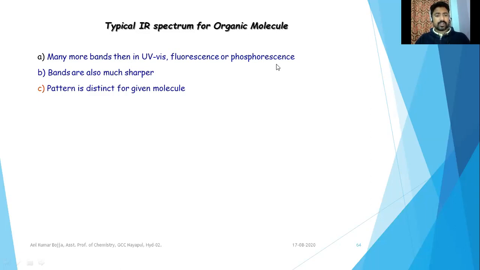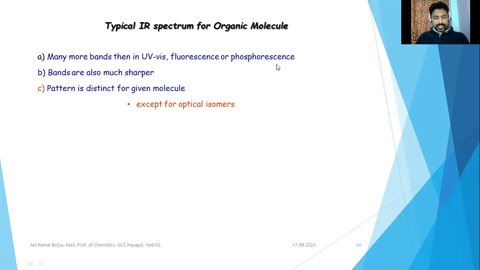Every molecule will contain its own spectral characteristics, its own bands. For suppose, if there are optical isomers: optical isomers are molecules containing the same molecular formula but differing in their optical rotation property. D glucose, L glucose, for suppose.